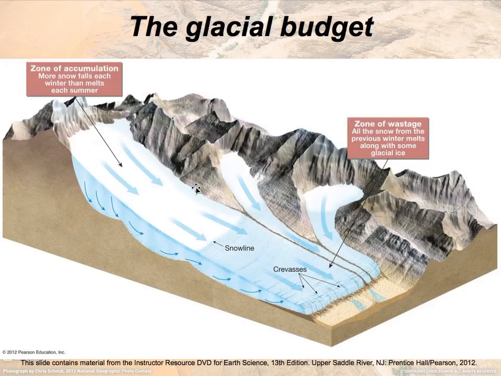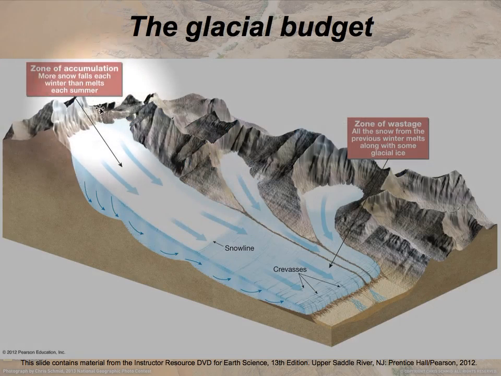This shows the generalized delineation of those two areas. Up here in the upper regions, at higher altitude or higher latitude where it's colder, summertime melting is less than wintertime accumulation. More snow falls each year than melts in the summer, and this is where the glacier is actively getting thicker as it builds up.